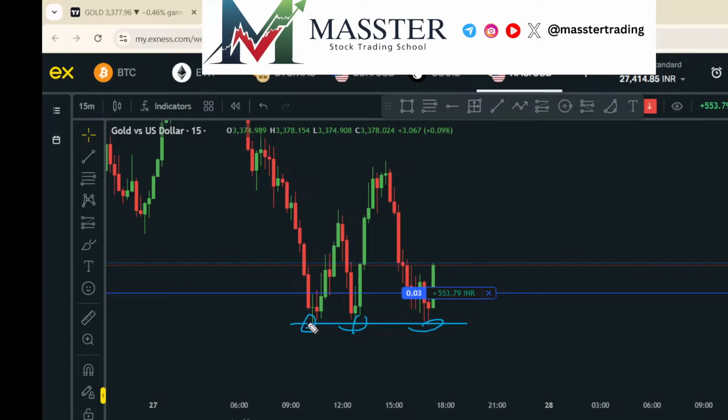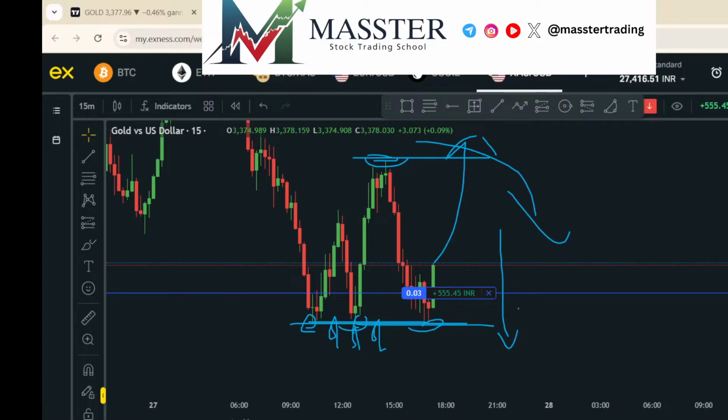That creates the liquidity here on the downside. Once it goes upside and picks up liquidity till this point, it can also come back to take that liquidity.